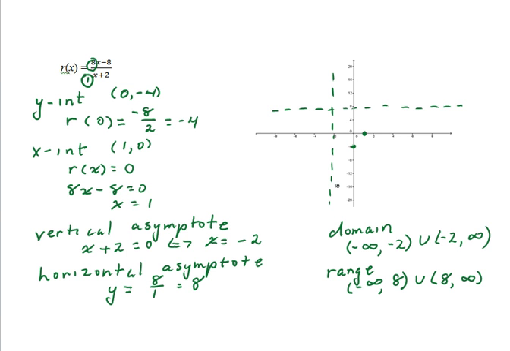We can sketch in the graph in the bottom right section created by the intersection of the horizontal and vertical asymptotes. And we'll notice that (0, negative 4) is 2 units to the right and 12 units below the horizontal asymptote.